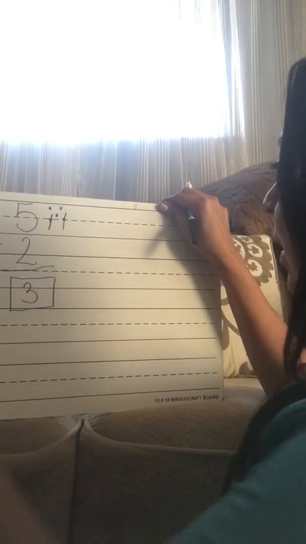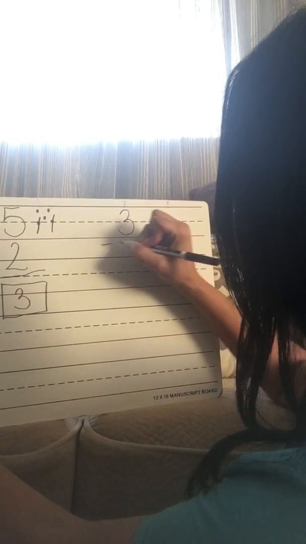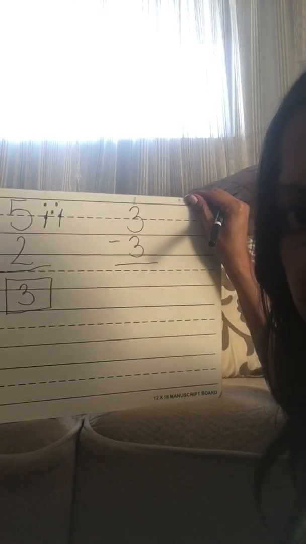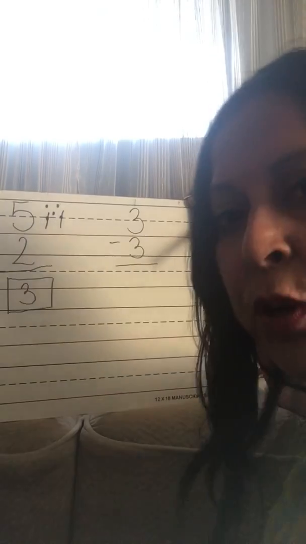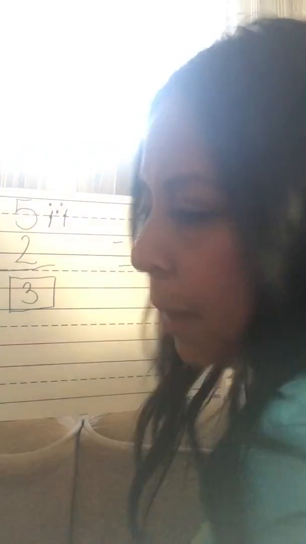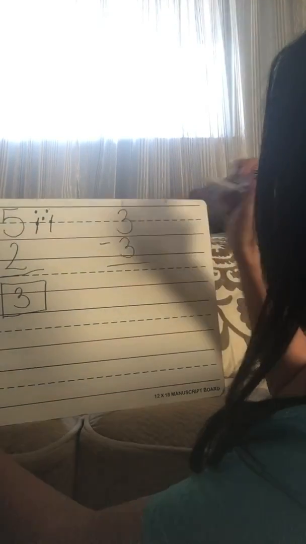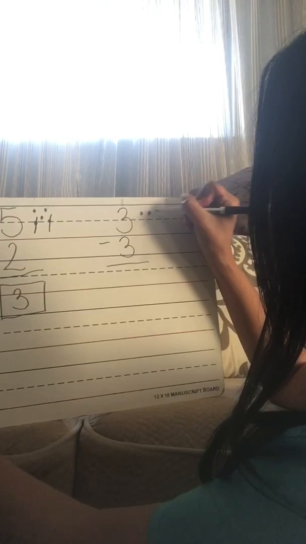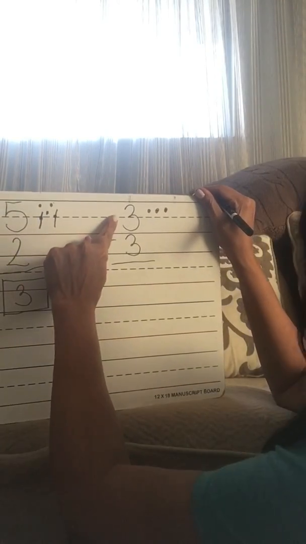Oh, this is a good one. Okay, so if I had 3 minus 3, we're going to do it the same way. And pretty soon you'll be able to do this in your head just like you do with addition. But for right now, let's do dots so that we get the right answer. So you're going to start with 3 here. 1, 2, 3, because that's my top number, 3 right here.